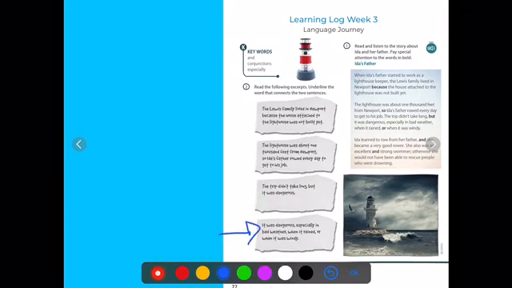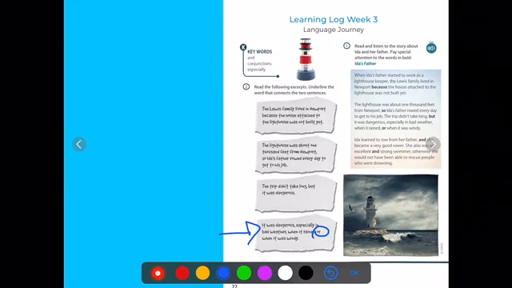Now the last one, it was dangerous, especially in bad weather when it rained or when it was windy. So which one is the connection word? It was dangerous, especially in bad weather when it rained or it was windy. I'll leave you that one there. You want to think maybe? Especially, very good. Okay. Sorry, I'm sorry, guys. Or, okay, or.